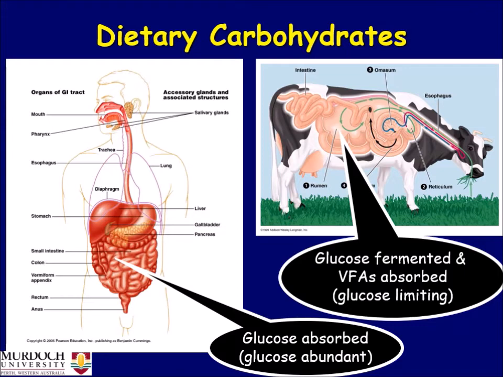Now these are absorbed, and particularly the acetate and the butyrate are used for energy or stored as fat. However, propionate is specifically targeted towards glucose production, as it, as a substrate, is gluconeogenic. That is, you can turn it back into glucose. And this is exactly where a ruminant animal gets a large portion of its glucose supply, derived from propionate in its diet.